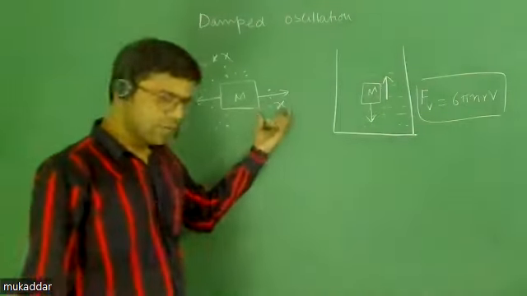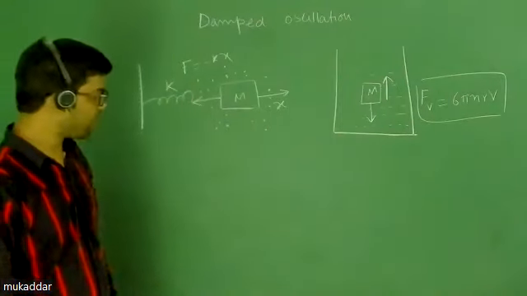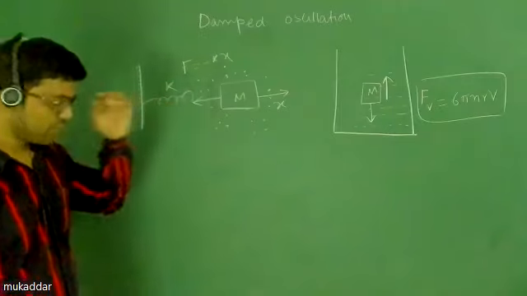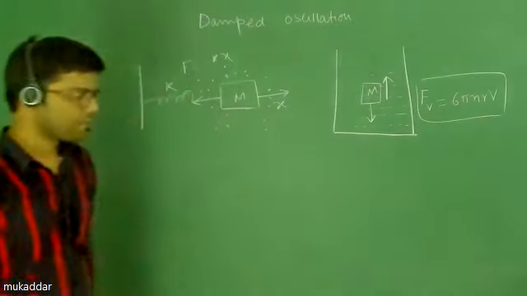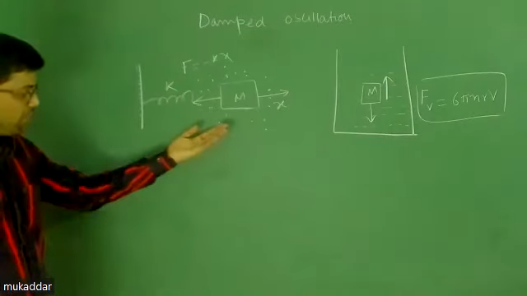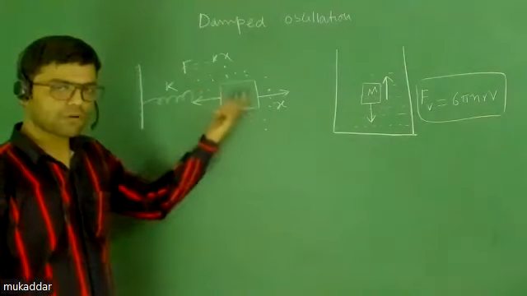We have displaced by x amount, so there will be a restoring force. Not only that force is acting on this body, in addition to this there is a frictional force or drag force. That is because of the presence of the medium, in which you have atoms or molecules and so on.